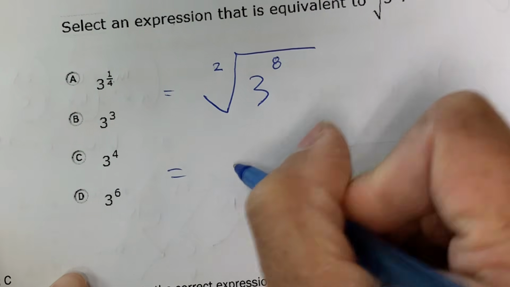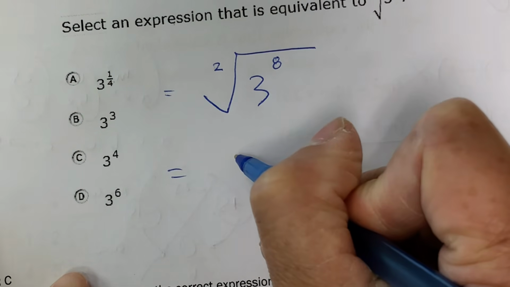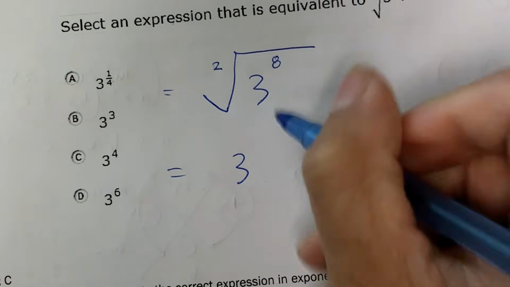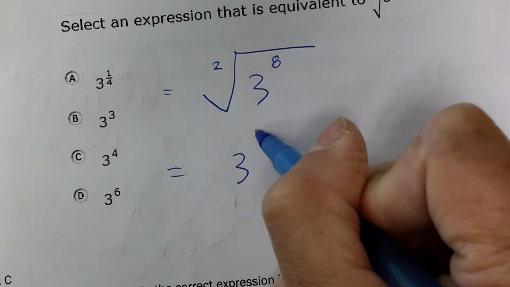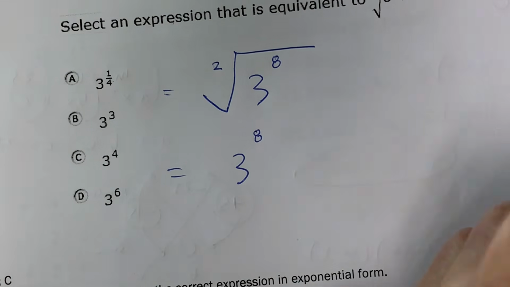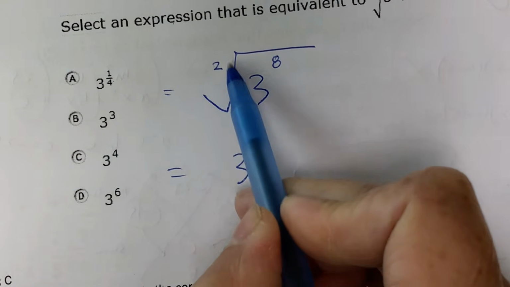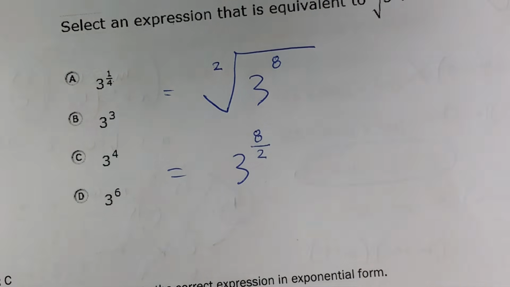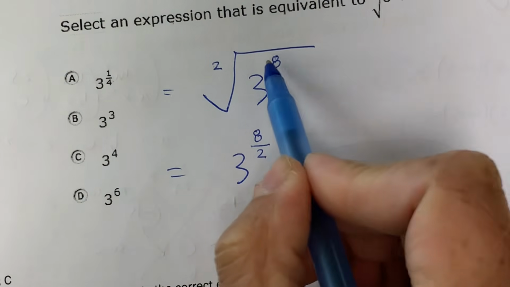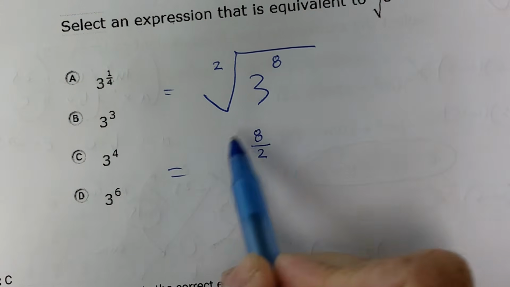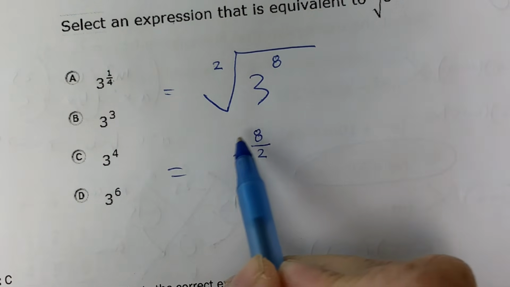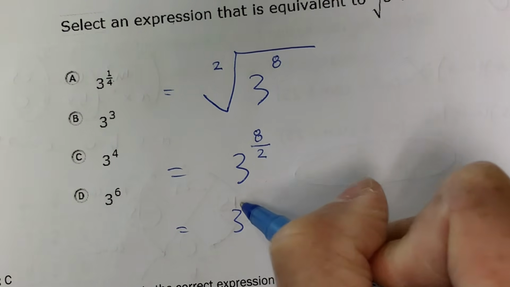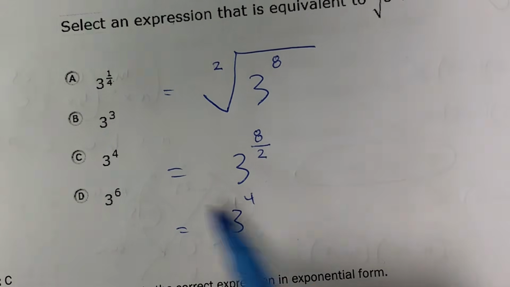So this expression is now equivalent to a fractional exponent: the 8 goes in the numerator, and the 2, or this index, as it's called, goes in the denominator. And then 8 divided by 2 is 4. So 3 to the 4th power is the correct answer.